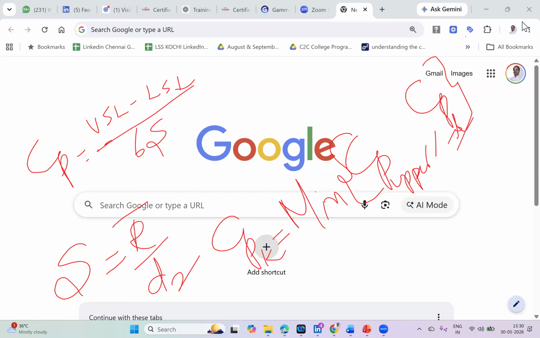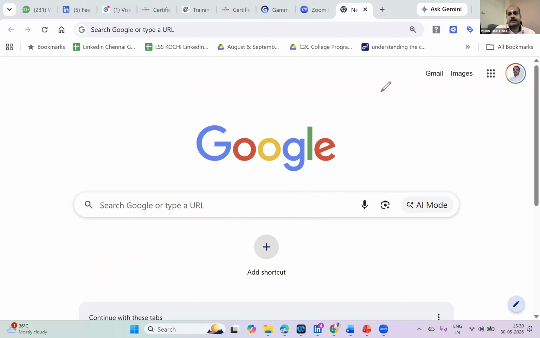Okay, I'll make this concept very simple. So let me erase all of this. See, there are two things for process capability. One is variation, another one is center. So the customer has given USL, LSL.